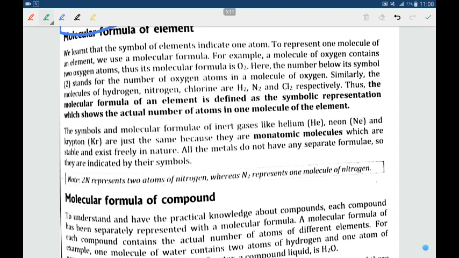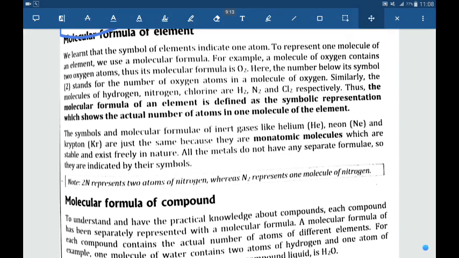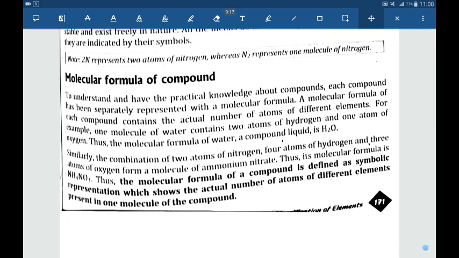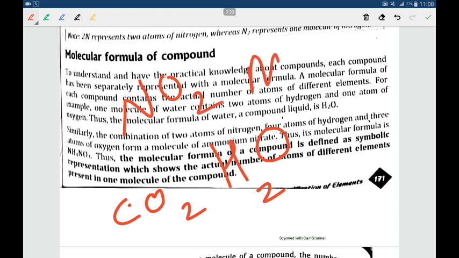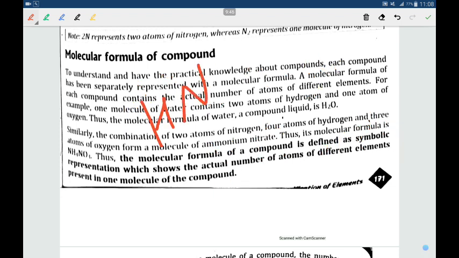Now students, what are we going to discuss? Compound, molecular formula of compound. So if I write here CO2, H2O, MgO, HNO3, what are they?